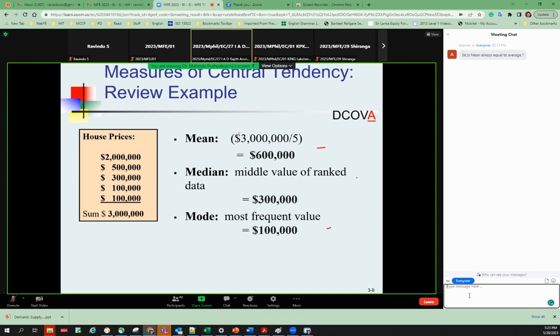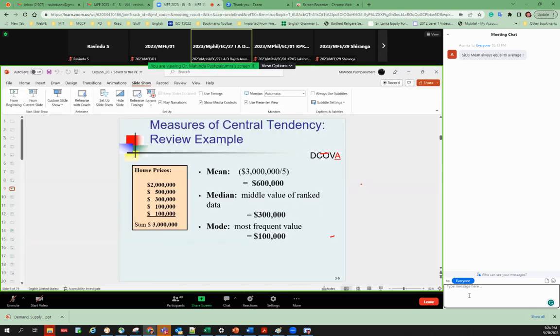When the median and mean have a high difference, the data are highly dispersed. Yes. How did you come to that conclusion? Because the mean is 600,000, and the median and mode are small numbers compared to that.